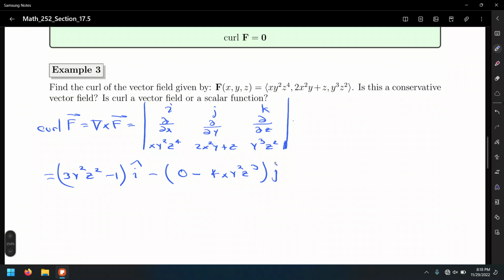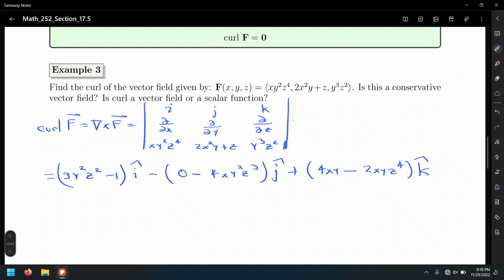That's in the direction of j. And finally, plus the partial of g with respect to x, which in this case is 4xy minus the partial of f with respect to y, that's 2x y z to the fourth. That in the direction of k. All right? And that's the curl.